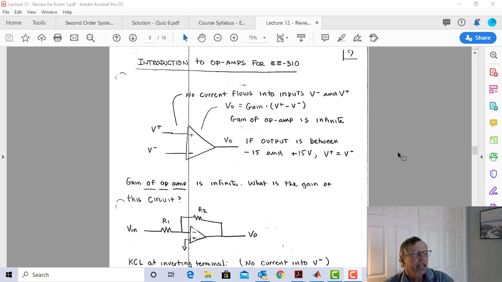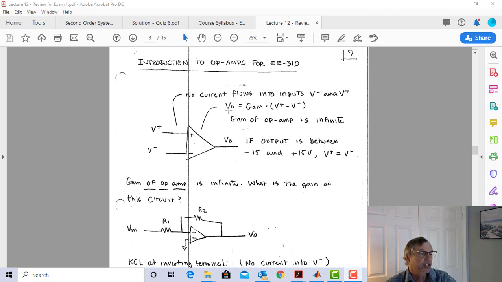So we only need to know a few things about op-amps from an EE310 perspective. First of all, no current flows into the two inputs, V plus and V minus. Here's the V plus input, and here's the V minus input. Second, V out is equal to this thing we call gain times the difference in the two terminals, or V plus minus V minus.